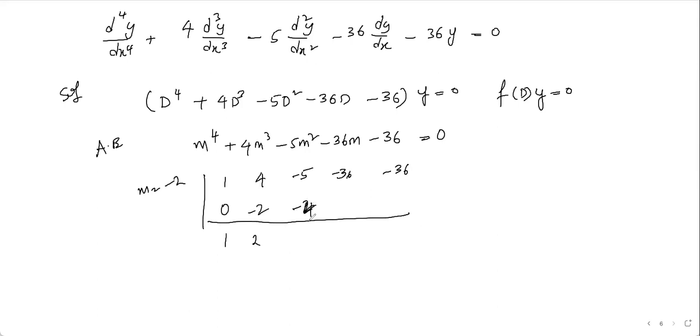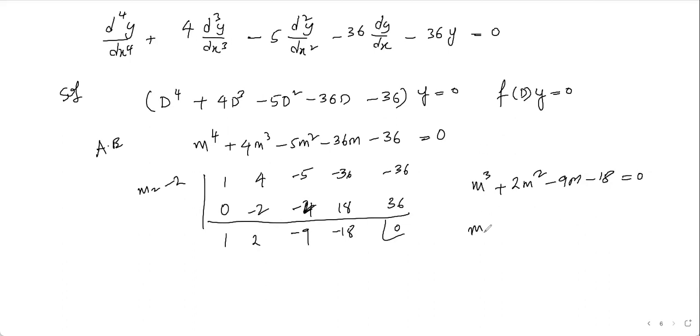This is minus 9, multiplying it, so you get 18, and this is minus 18. And this is 36. The result is 0. So you get the equation as m cube plus 2m square minus 9m minus 18 is equal to 0.